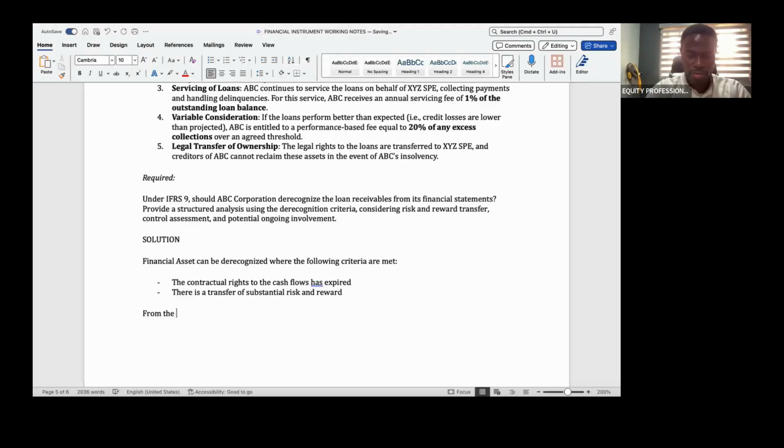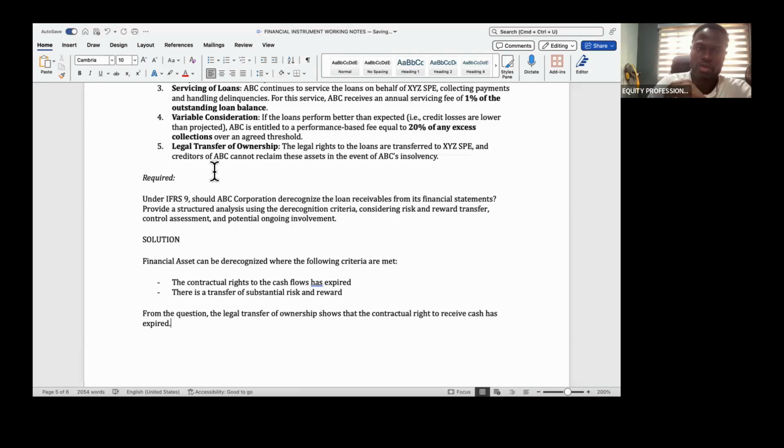From the question, the legal transfer of ownership shows that the contractual rights to receive cash have expired, because we're told that the legal rights to the loans are transferred to XYZ and ABC cannot reclaim the asset.